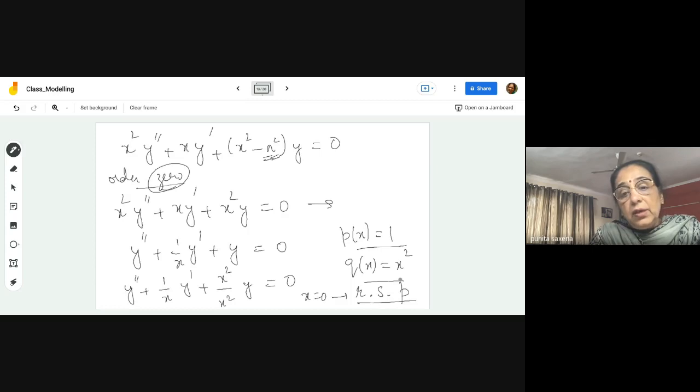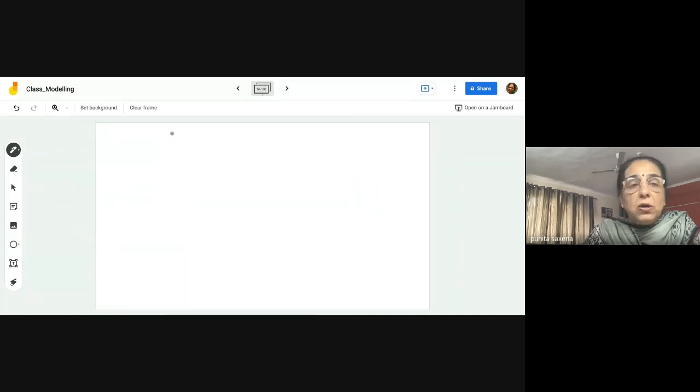Now if x equal to 0 is a regular singular point, that means I need to find the roots of the indicial equation. And from here, it's clear that your P naught is 1 and Q naught is 0. So your indicial equation is going to be r(r minus 1) plus r plus 0 equal to 0.